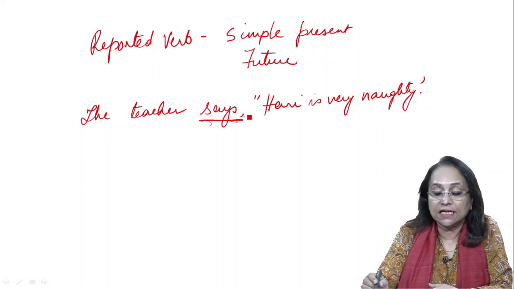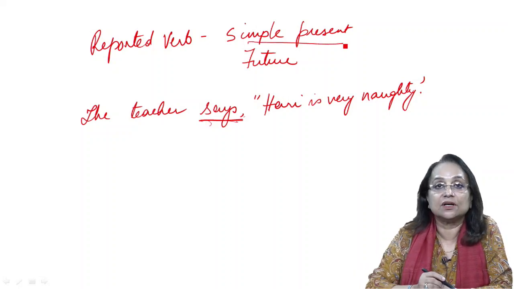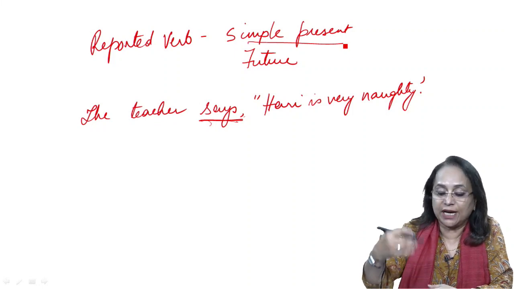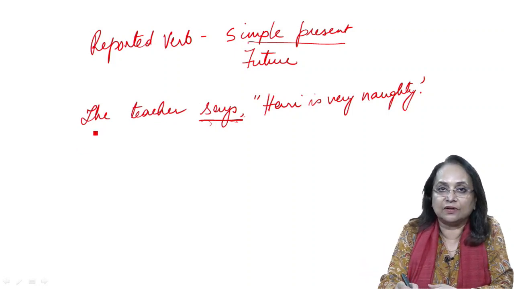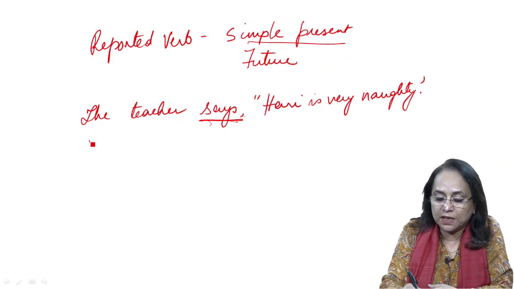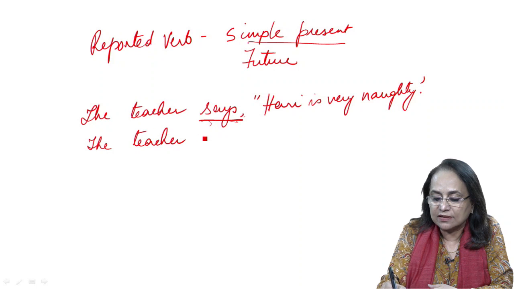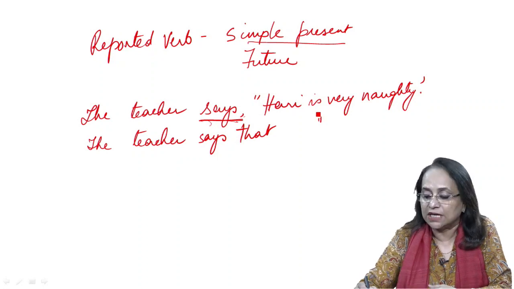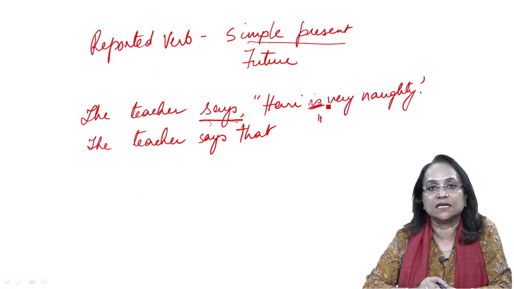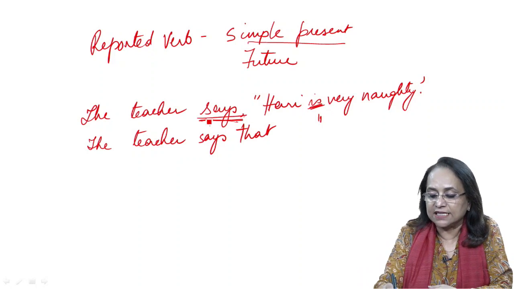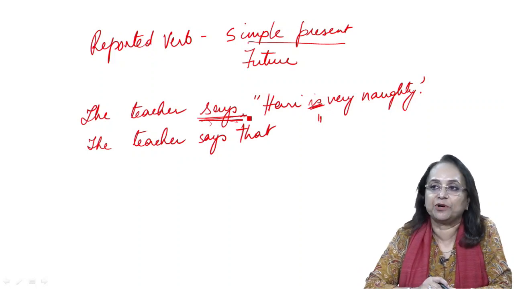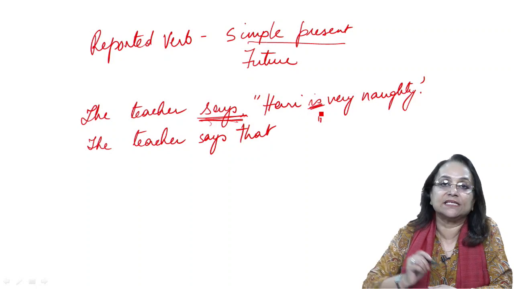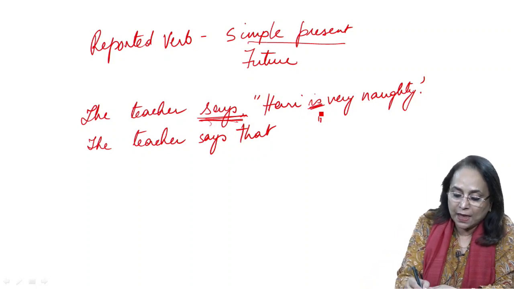It is in the simple present. So when we change it, the reported speech will be, the teacher says that Hari is very naughty. This remains is because says is simple present. So this remains is, right?